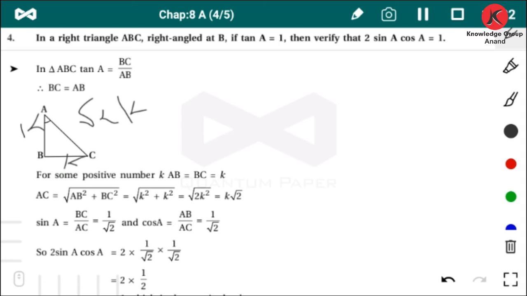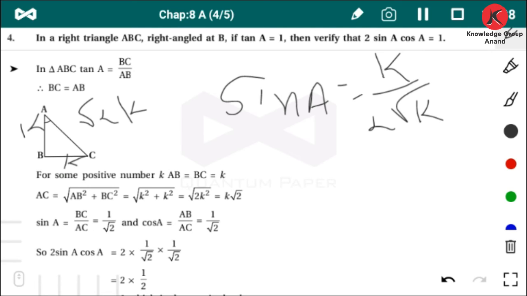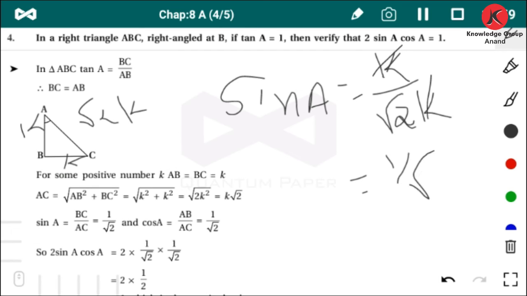Now find 2 sin A cos A. Sin A is equal to opposite upon hypotenuse, that is BC upon AC, K upon root 2 K. Here it is root 2 into K, then K cancels, so sin A is equal to 1 upon root 2.